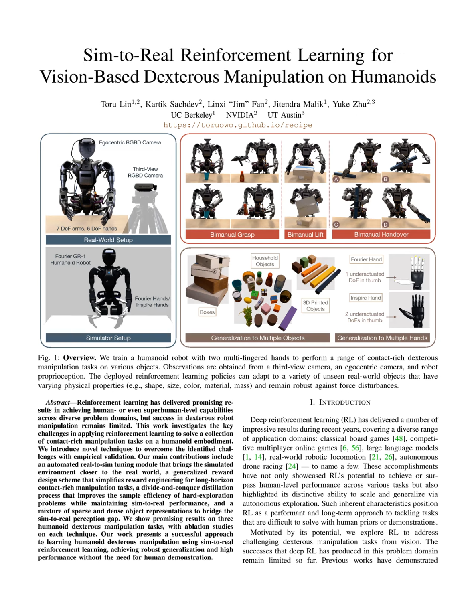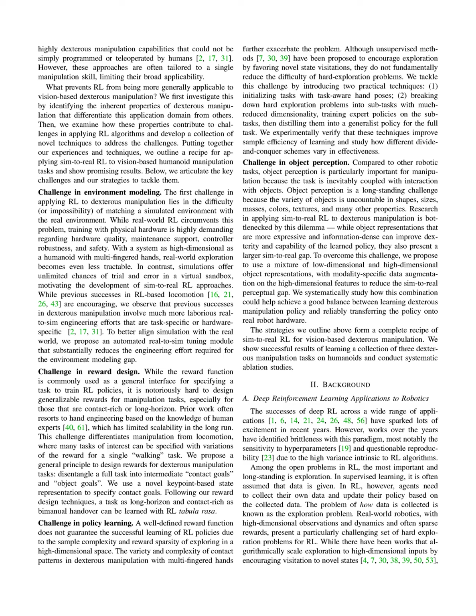To enhance policy learning efficiency, the method incorporates techniques such as initializing tasks with human-derived hand poses and breaking down complex tasks into manageable subtasks. Lastly, it addresses the sim-to-real gap in object perception by combining low-dimensional and high-dimensional object representations, ensuring effective transfer of learned policies to real-world applications.